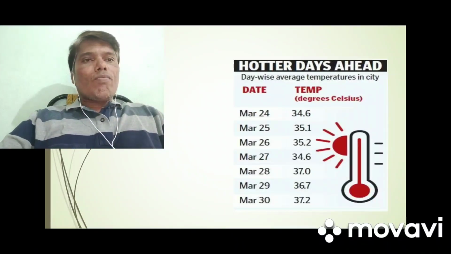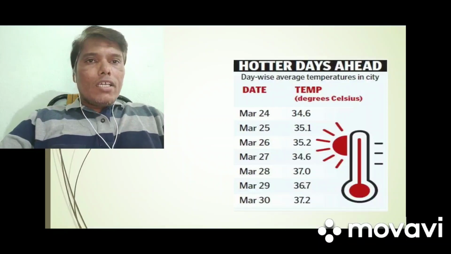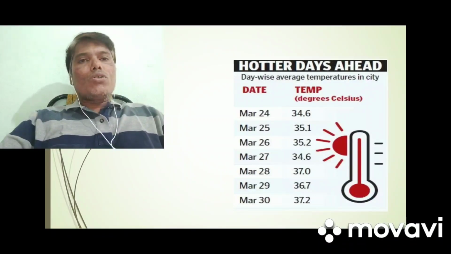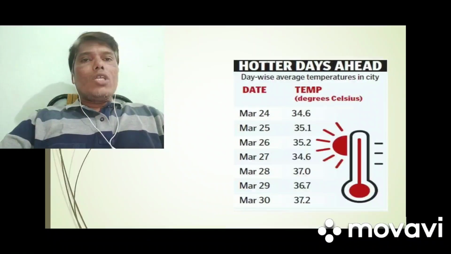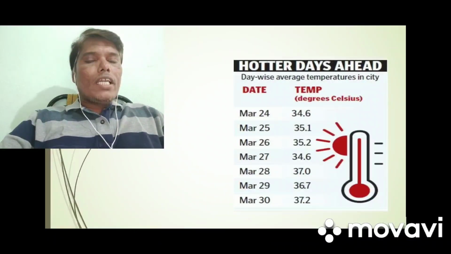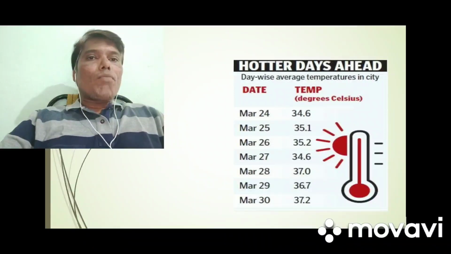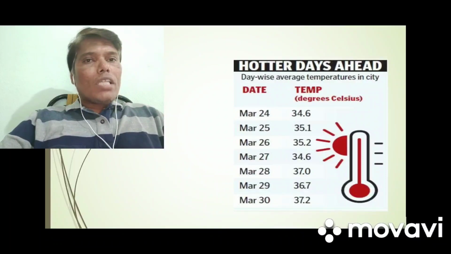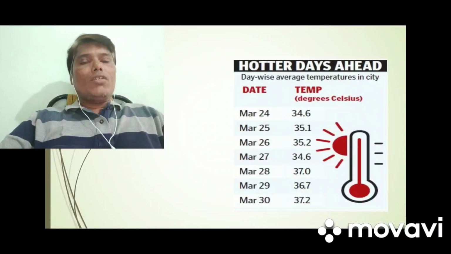It shows the day-wise average temperatures of a week in a city from March 24 to March 30. So clearly you can understand that the average temperature of a day keeps on changing from March 24 to March 30. It has no fixed value.